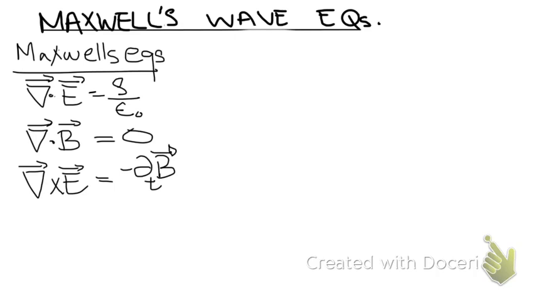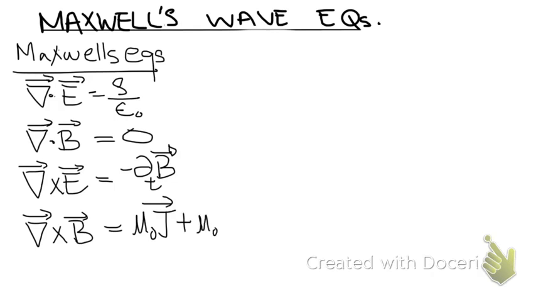right? And at last we have the curl of my magnetic field, which is equal to mu naught J plus mu naught epsilon naught times the partial time derivative of my electric field. Right.